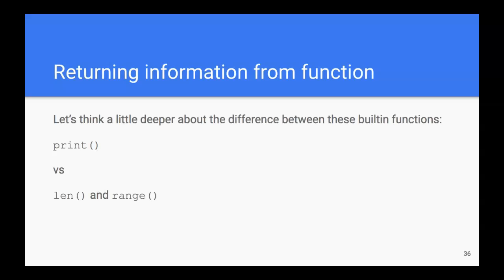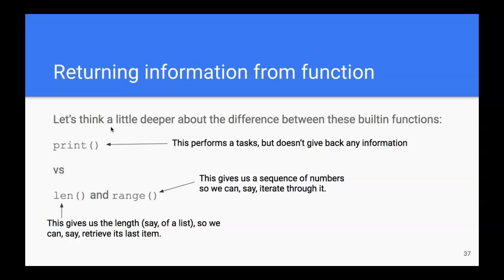But as a motivation, let's think a little bit about the differences between these built-in functions, print versus length and range, what they do, and specifically what they actually get back to us. What I'm trying to get at is print puts something on the screen, but it doesn't really give any information back.